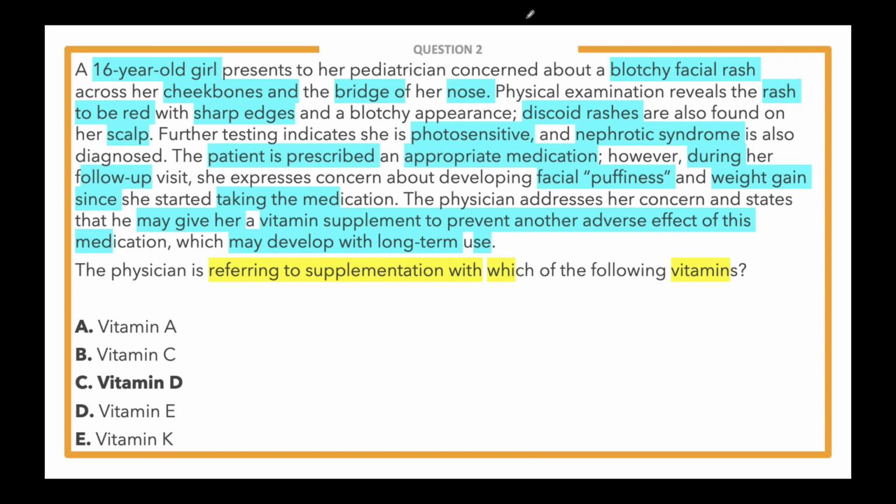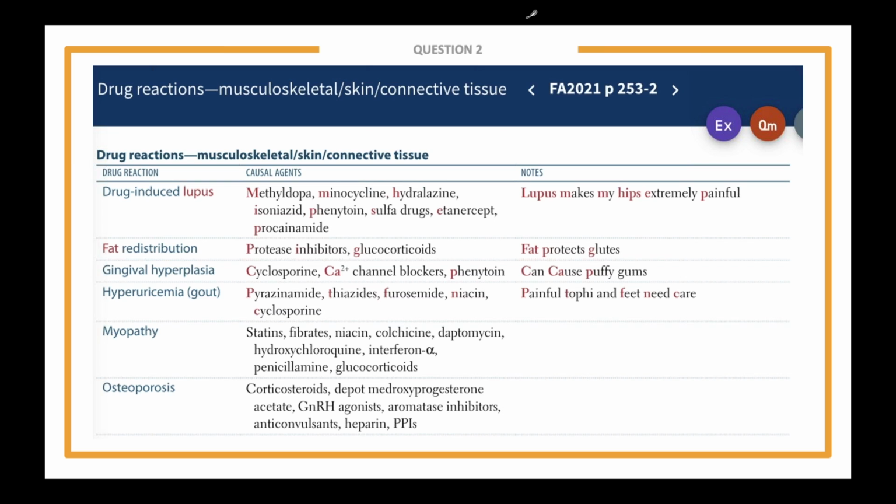And if we take a look at the next slide, what we see there are some of the side effects of MSK type reactions to medications. And we can see under osteoporosis, actually the first one listed there is corticosteroids. So you can see that.